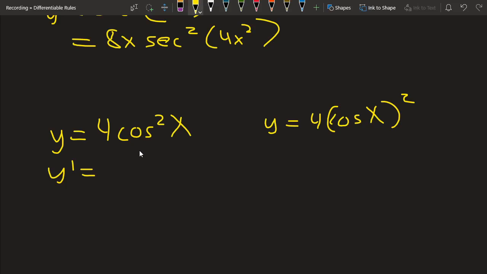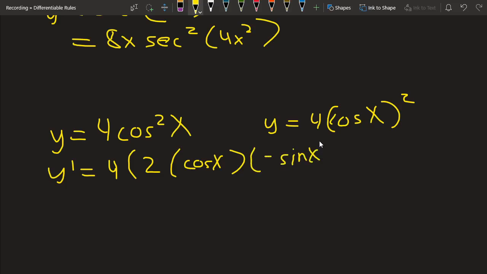If we rewrote the function like that, y prime would be equal to 4 times, and here's where we apply the power rule. So n is 2, and we have to look at g of x, or u. In this case, u is cosine of x. And then we have to find u prime. So it's negative sine x.